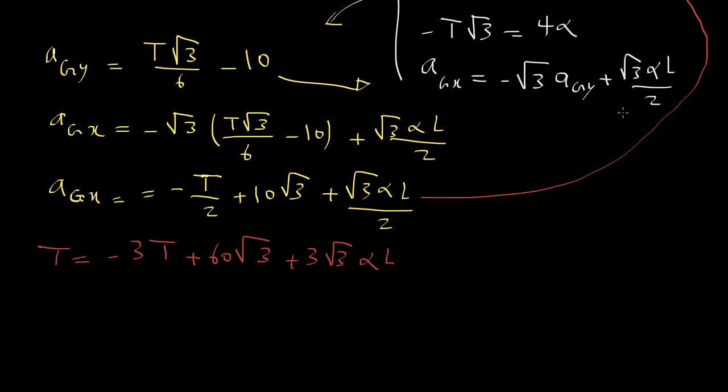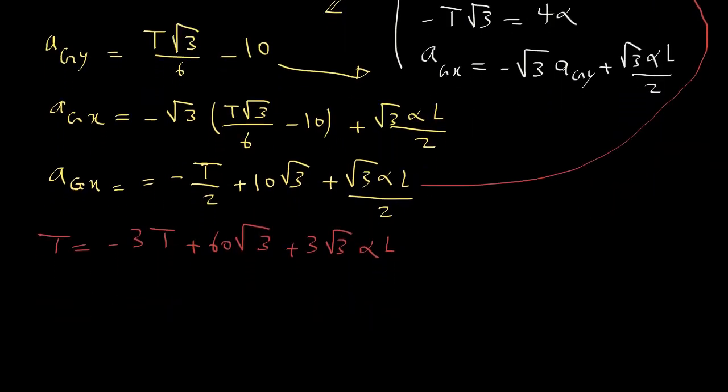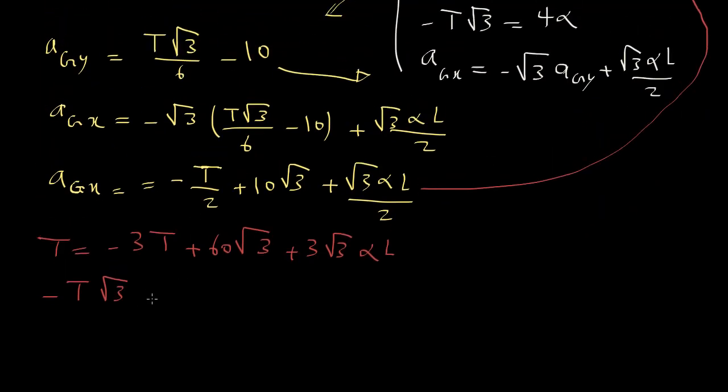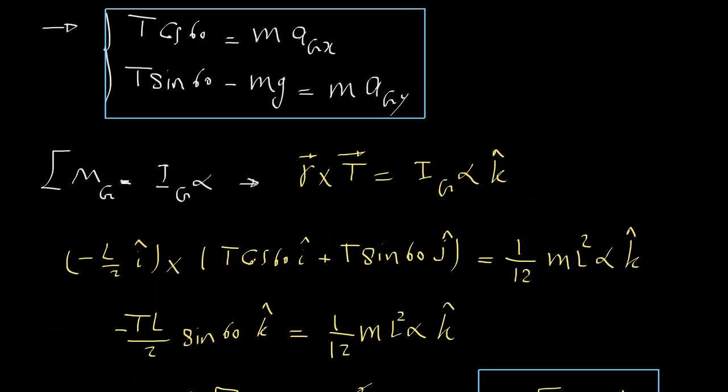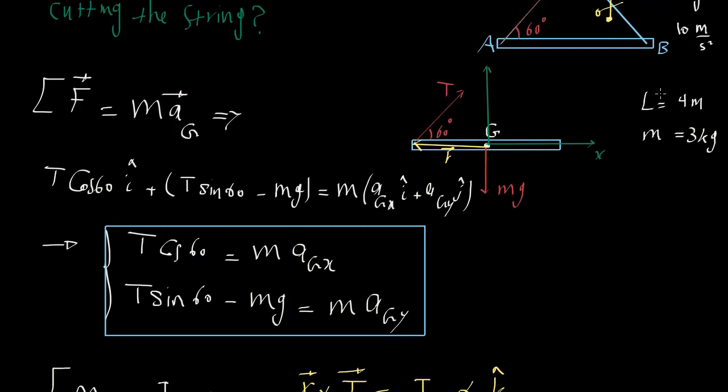That's the first equation. The second equation here is that minus T square root of 3 is equal to 4 alpha. And basically here L is also 4 meters, so I can also substitute for L. L is 4 meters.